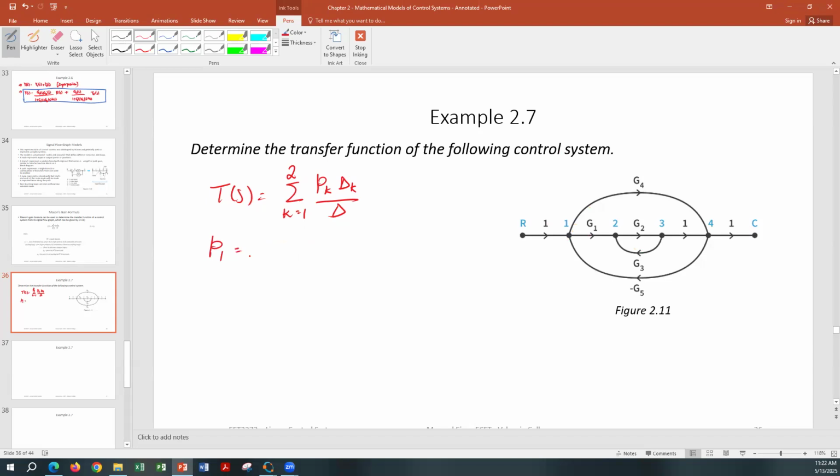You multiply all the branch weights: 1 times G1 times G2 times 1 times 1. So you multiply all the branch weights, G1 and G2, and the rest are 1. So P1 is simply G1 G2.